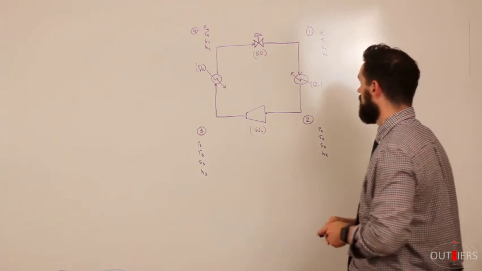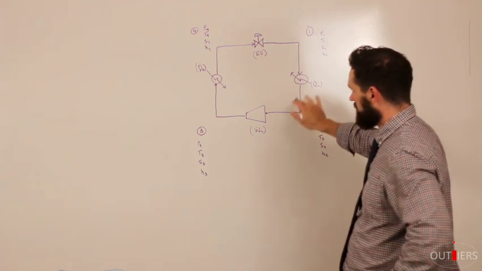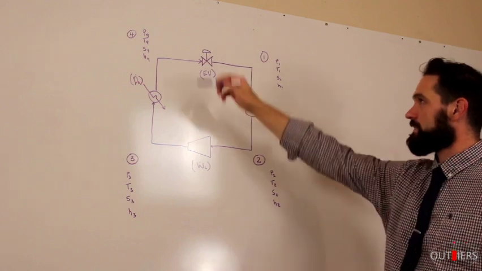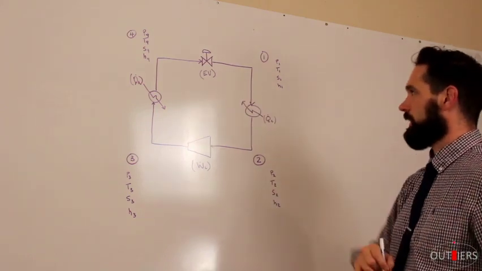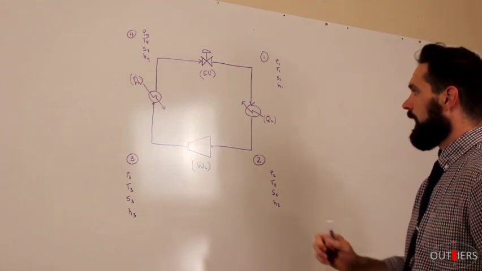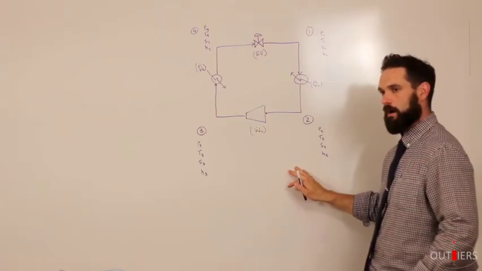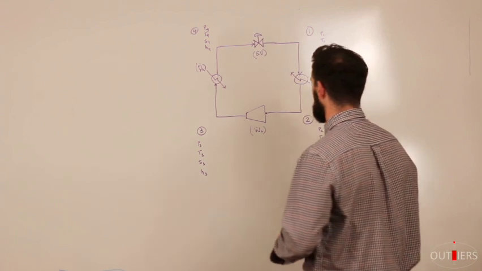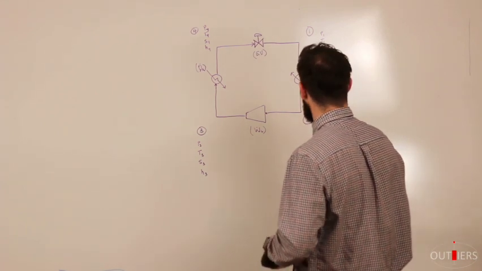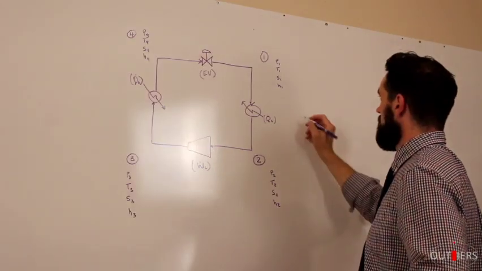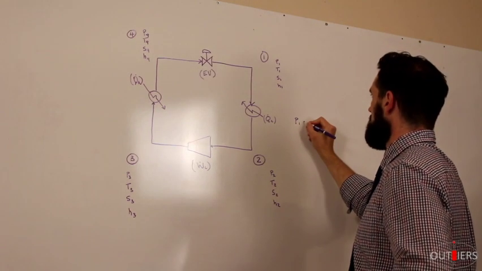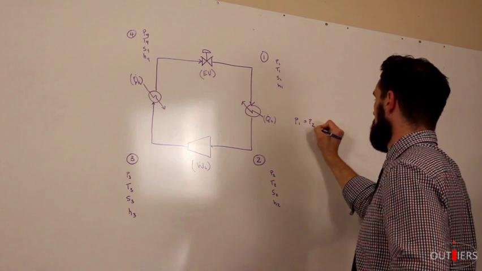Okay? So what I've drawn here is the PFD. I've labeled the states like we did before, listing out the pressure, temperature, entropy, and enthalpy. And let's go ahead and apply our simplifying assumptions. So remember, from 1 to 2, what did we say? That pressure 1 is equal to pressure 2.